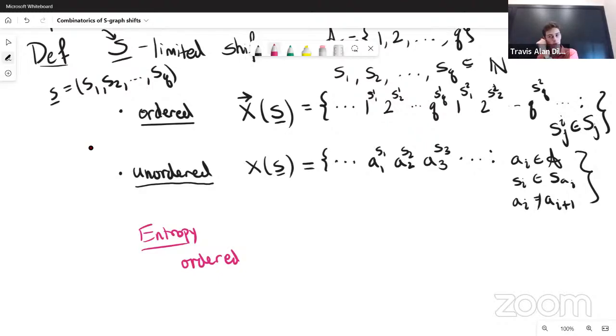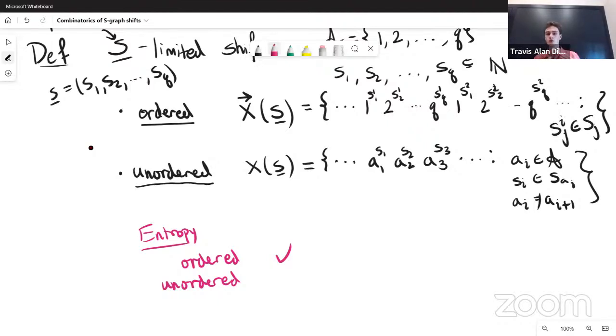There wasn't much of a change, most of it was cosmetic. So they were able to get a formula here. But for unordered shifts, something just didn't work out. And it has to do with the fact that how you're building these blocks, like was asked, it can really be sort of random, right? So I could have a block of ones and then twos and then ones and twos and ones and twos for so long, and then I could throw in a three.